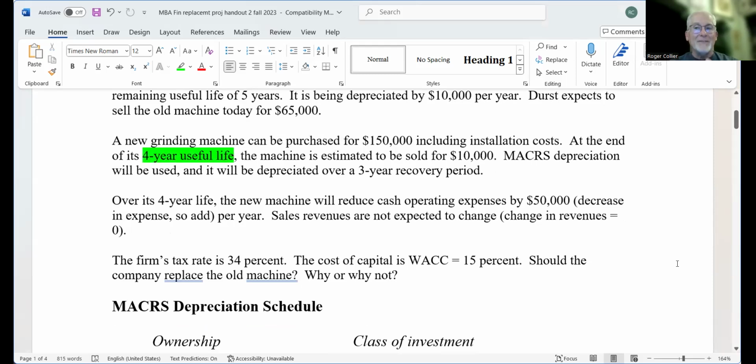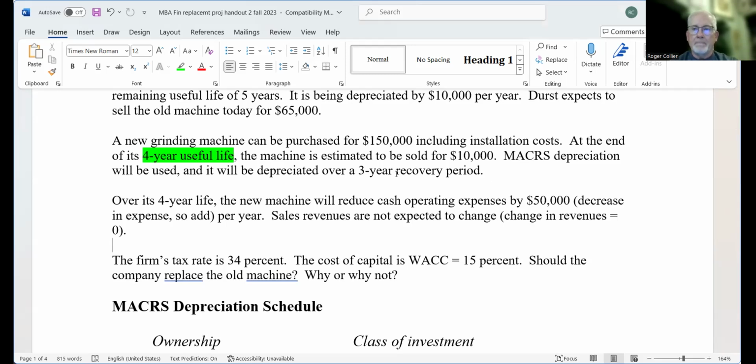At the end of 4 years, it will be sold for 10,000, they expect. They're depreciating at MACRS, and they're using a 3 year recovery period. So MACRS 3 year, and as we know, MACRS 3 year gives you 4 years of depreciation because of that half year or mid-year convention.